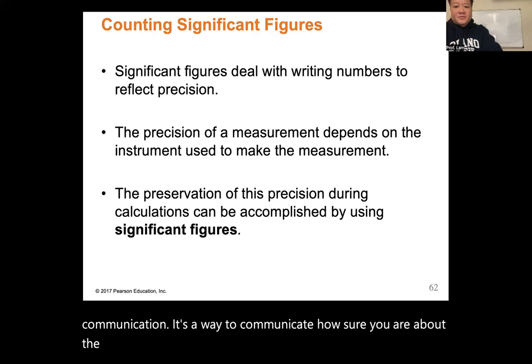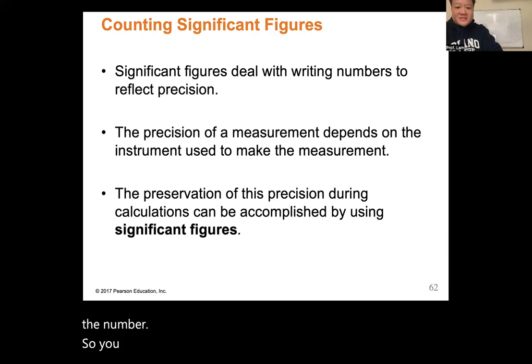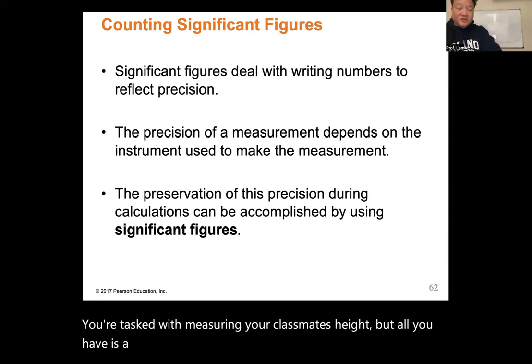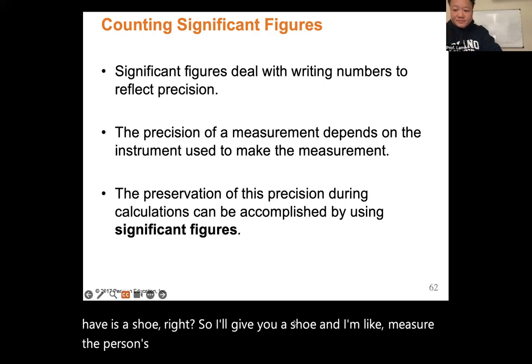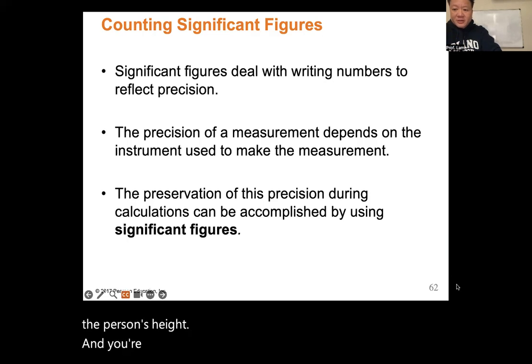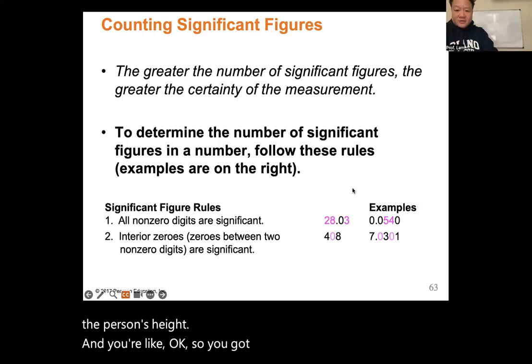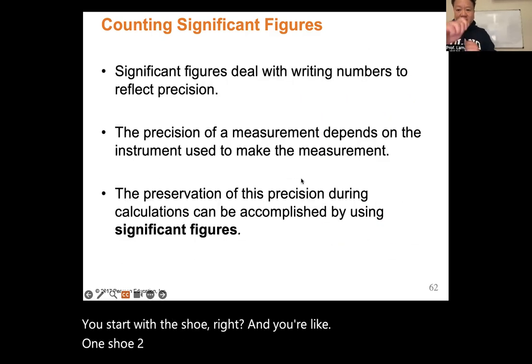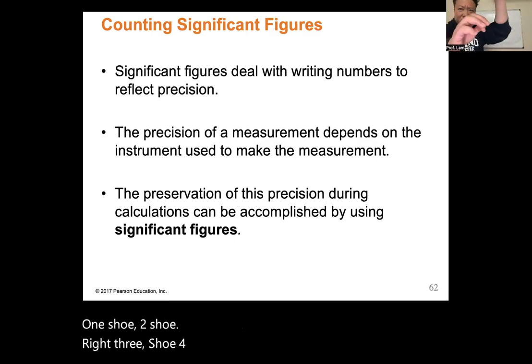So, for example, let's say that you're tasked with measuring your classmate's height, but all you have is a shoe, right? So I give you a shoe and I say, measure the person's height. You start with the shoe, and you go, oh, one shoe, two shoe, three shoe, four shoe, five shoe.